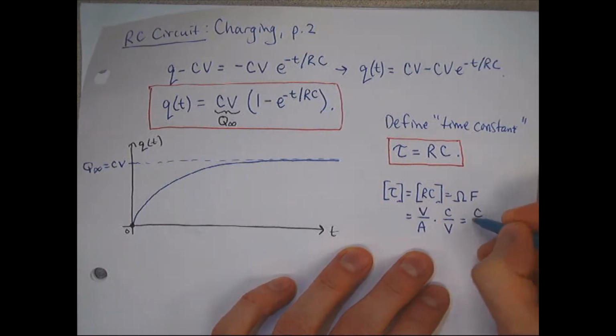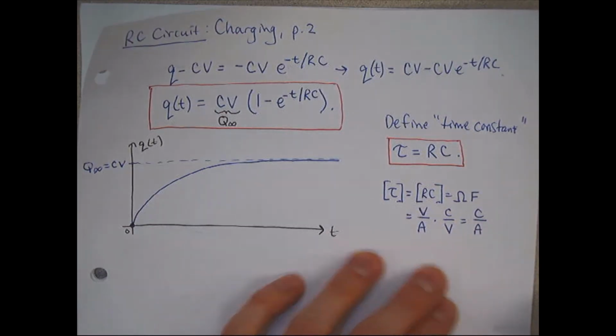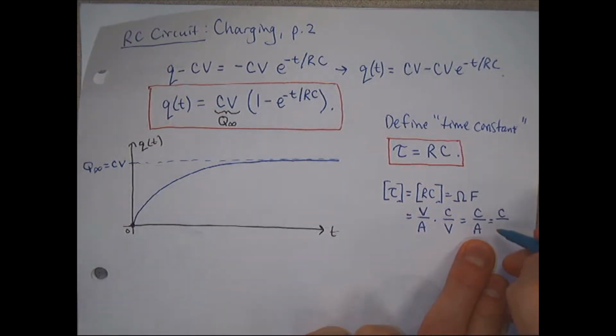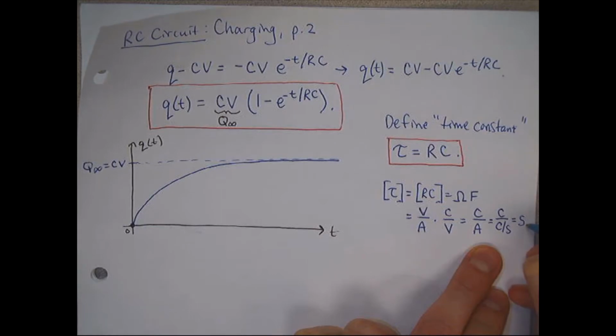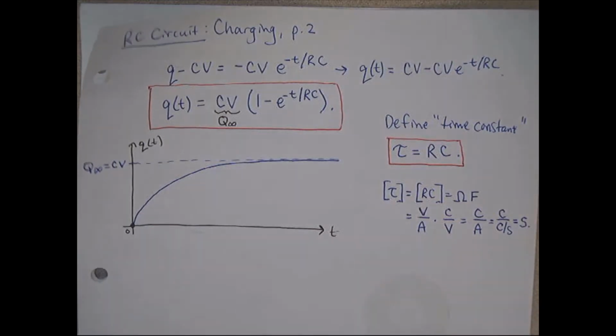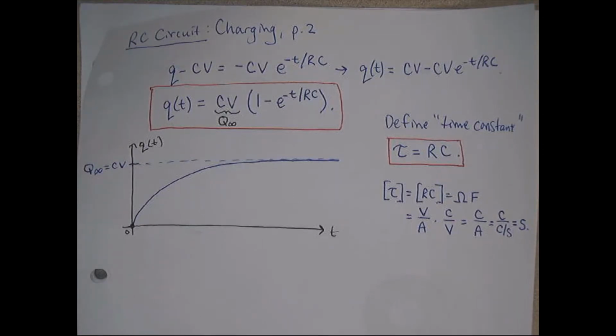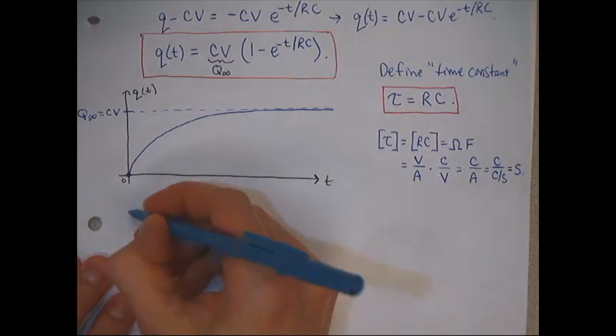Volts cancel out and you have a coulomb per amp. An amp is a coulomb per second. So the coulombs cancel out and we get seconds are the unit of the time constant, as we would expect given its name.